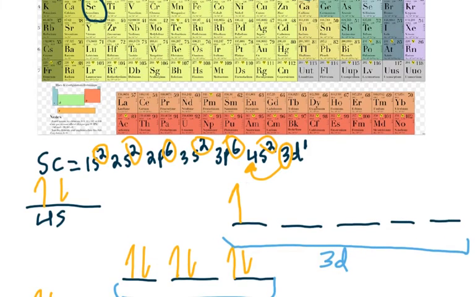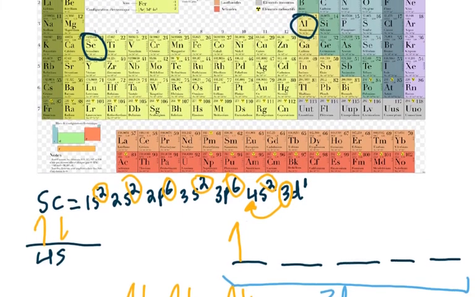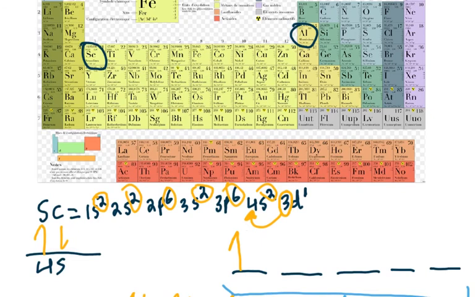Even though 4s has no unpaired electrons, we still have to look at 3d because the d block comes after the s block. In terms of energy level, 4 is higher than 3, but this whole thing is the d block, so we have to consider the 3d orbital.